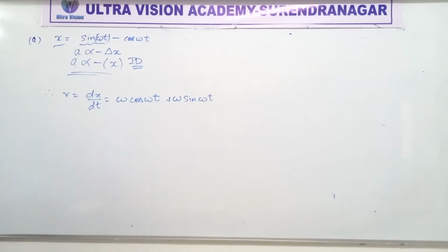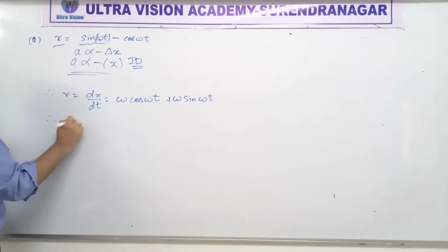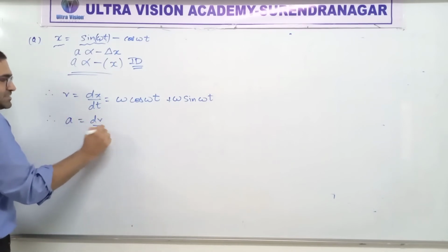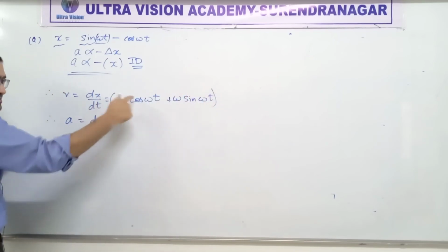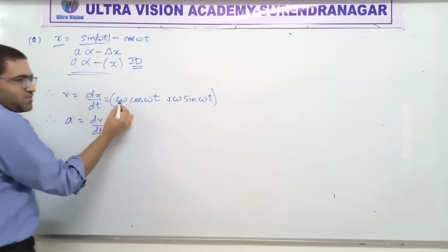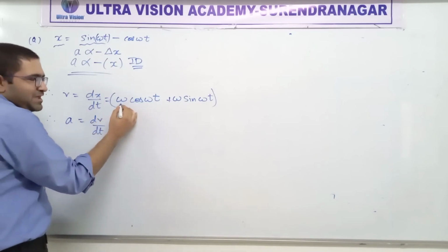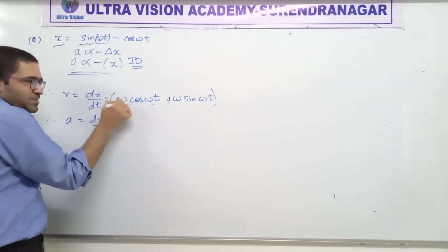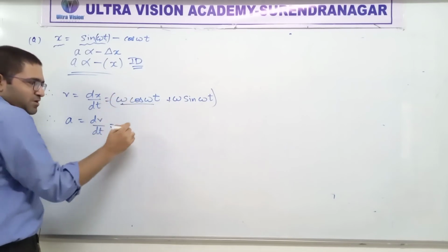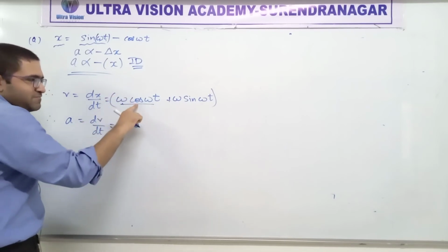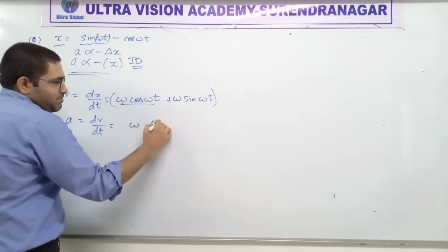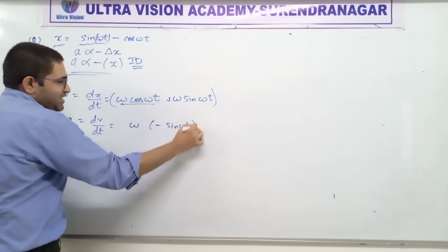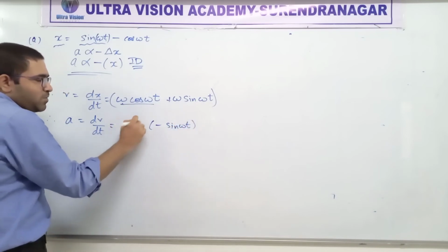Okay, and for the second step, acceleration. A is equal to dv by dt, that is, I will take this as v. I am going to do its differentiation. First of all, over here, you see this omega is a constant, it's outside. You don't have to worry about that. Then differentiation of cos omega t is once again minus sine omega t, but then you should multiply one more omega outside.